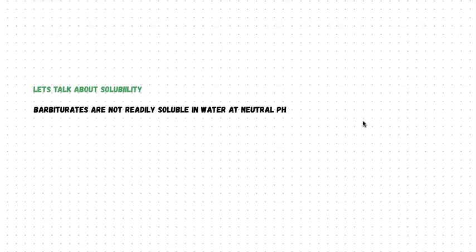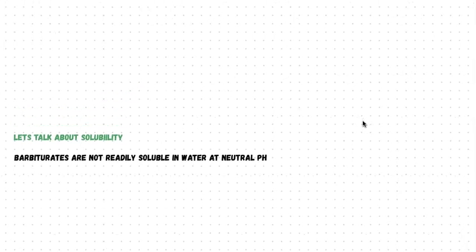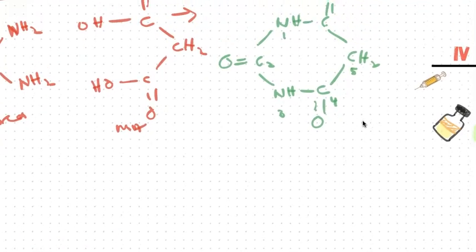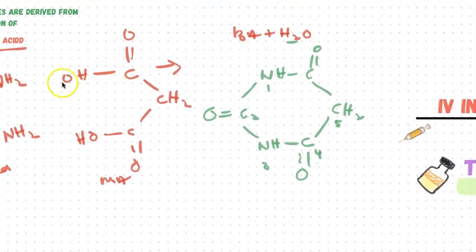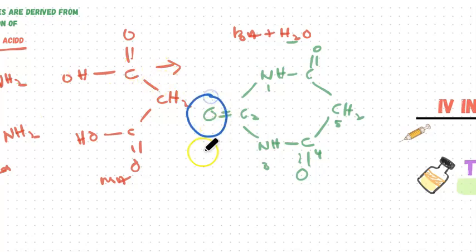If we look at the structure that we've drawn just now, we can change our oxygen here to sulfur. This automatically makes our structure a thiobarbiturate, which is where we want to go in our video.